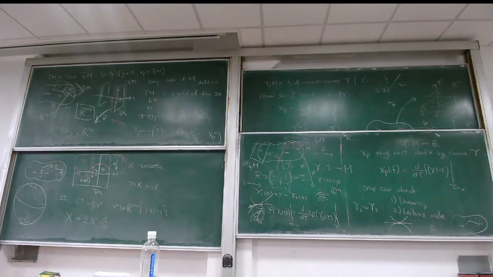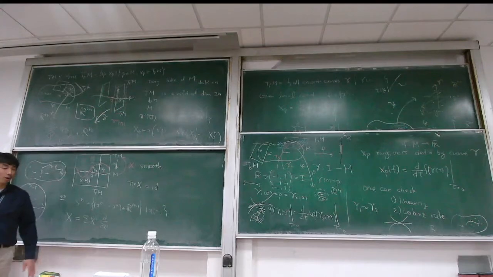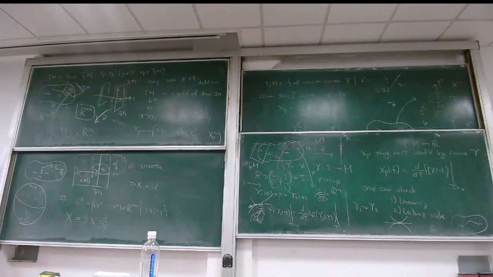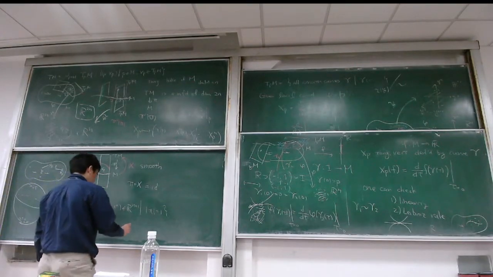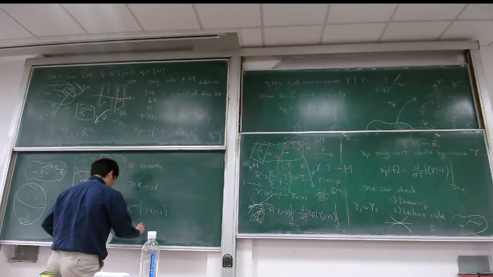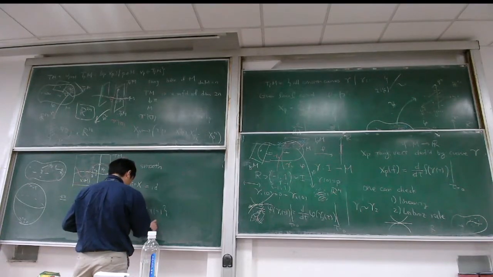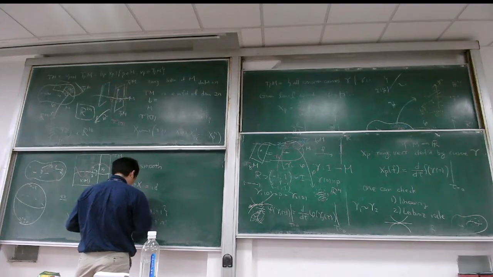This is the way I express the local coordinates. So one can define xi as something like minus x1, x0.